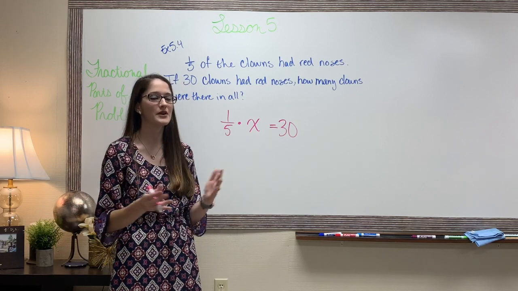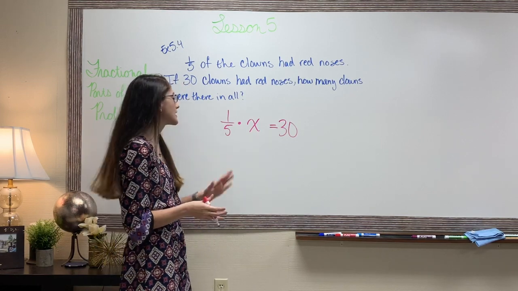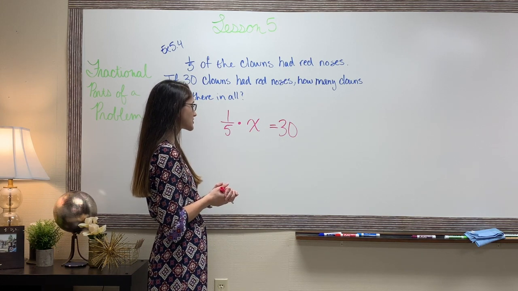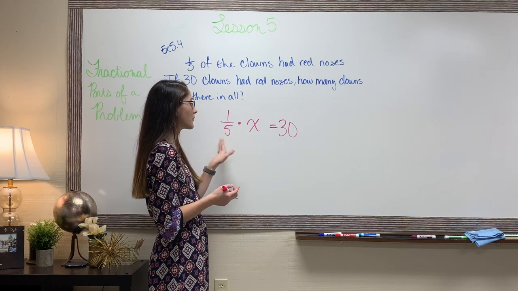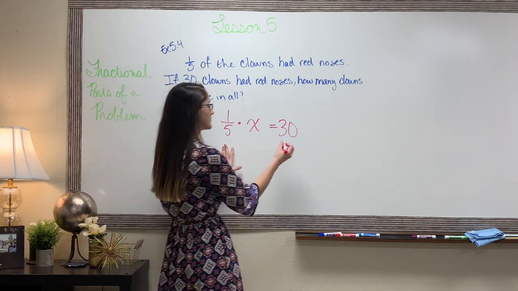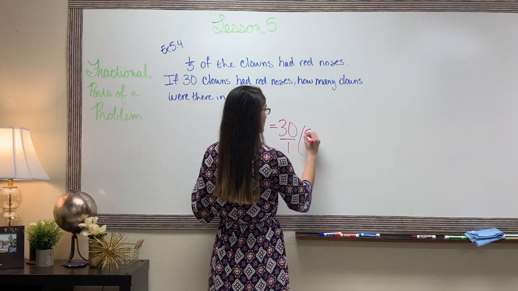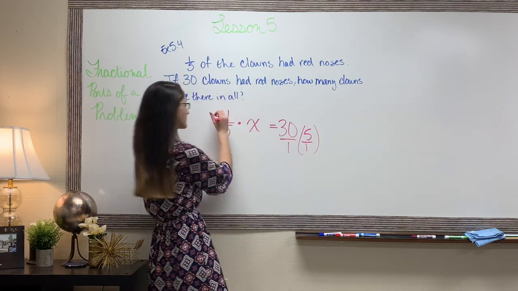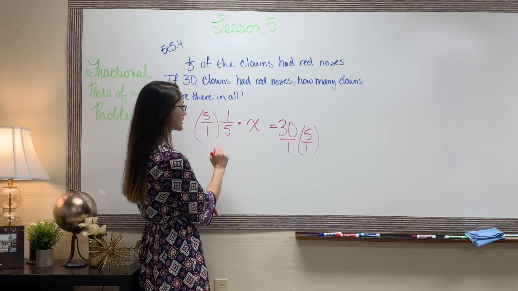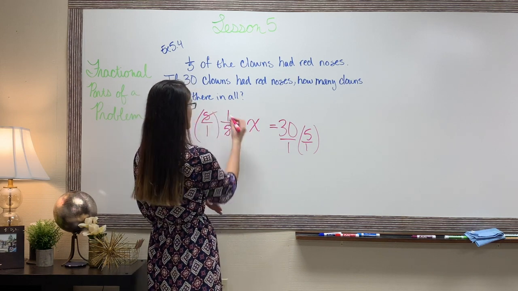We need to know how many clowns were there in all, and so this is how we set that up. And then we're just going to get rid of 1/5 by multiplying by the reciprocal, so 5/1. And this is super crooked. I'm very sorry for that, but it still works.